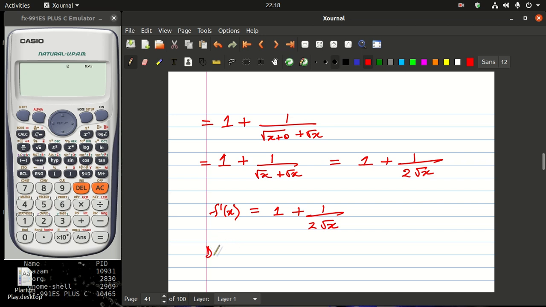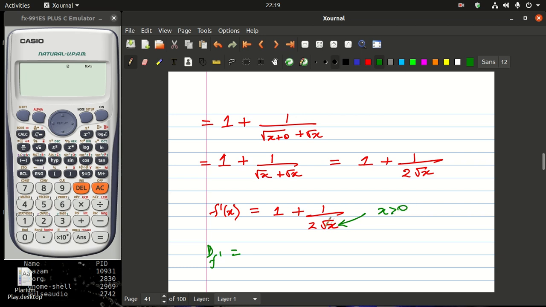And now we want to find out what is actually the domain of this function here. Domain of f prime is this. We have the square root here. For the square root to be defined, what is inside must be bigger or equal to 0. But because this is in the denominator, it must be bigger than 0. So for it to be defined, x must be bigger than 0.